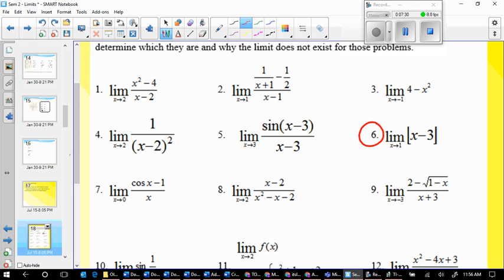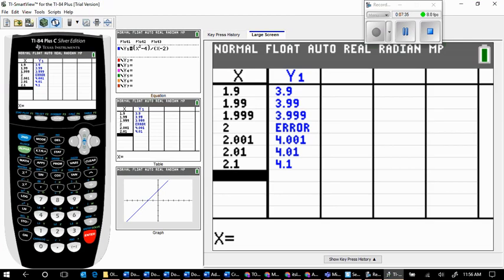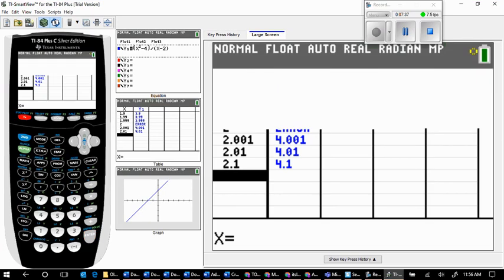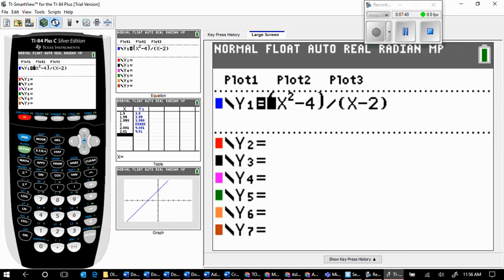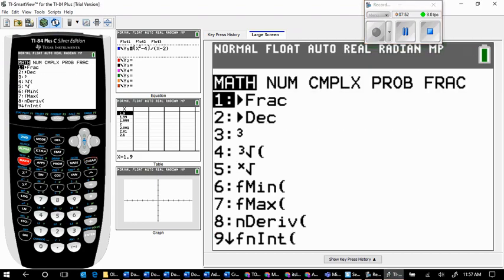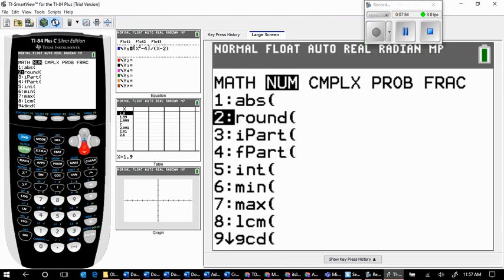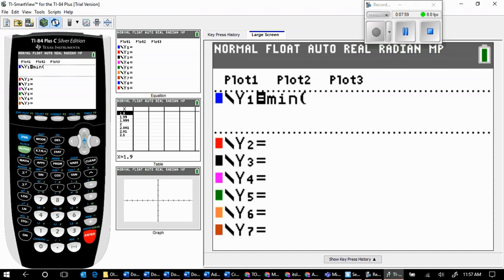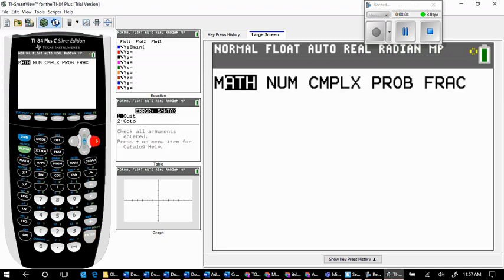Now this can also be graphed in our calculator, so we are going to use our calculators to help us with this, since we're still doing it numerically. Let's go to our y equals. If we are graphing this particular one, then the function we want to use is the int function. The int function is under math, and then we move over to num, go down to int for integer.